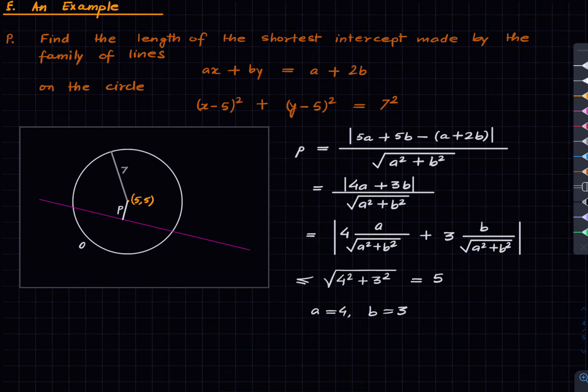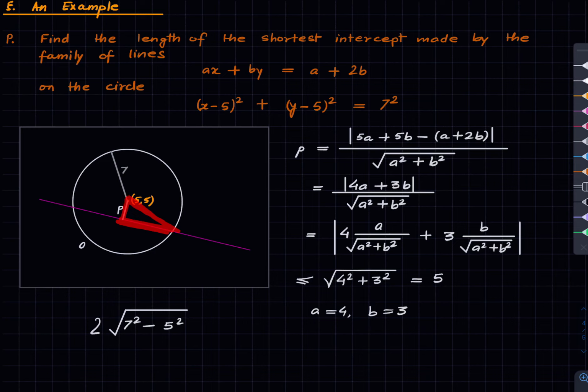And therefore, the shortest chord would be, I'll write something down and explain, of that length. So what happened? This length is 5. Make this triangle. This length is then hypotenuse square minus P square, meaning the square root of 7 square minus 5 square.